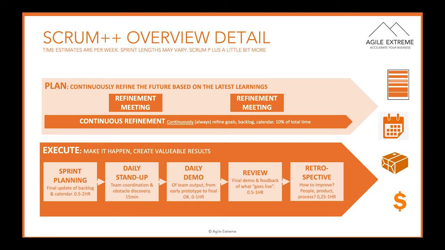So you should have done most of your planning in the previous sprint when you start the current sprint. You've got a daily stand-up, you've got the daily demo, you've got the sprint review and the sprint retrospective. These are just standard Scrum/Agile things. The thing we want to emphasize here is the importance of the daily demo and having a prototyping cycle in your team.